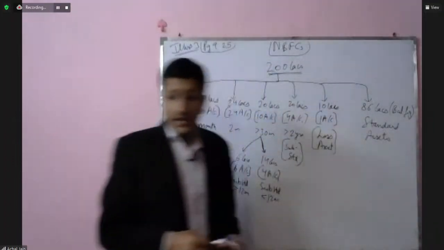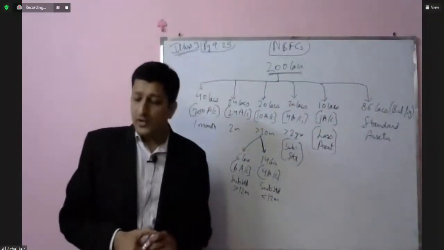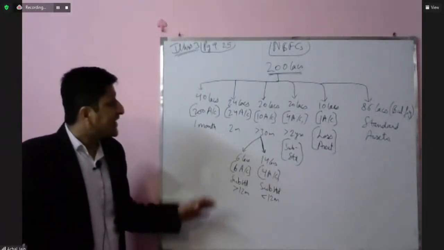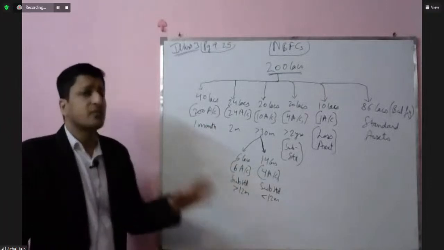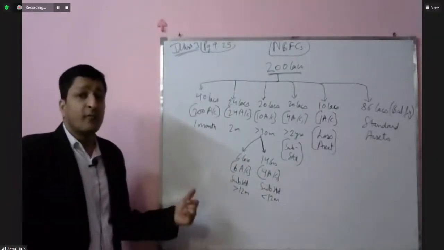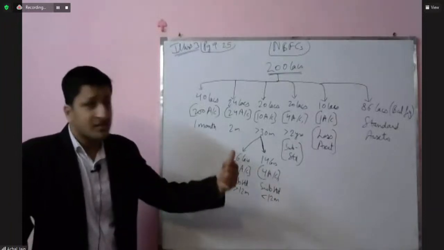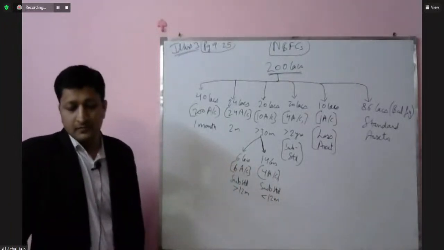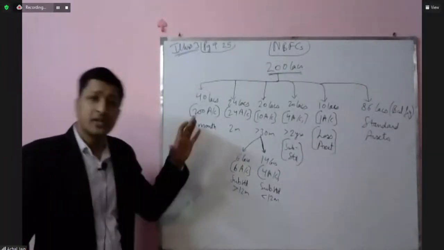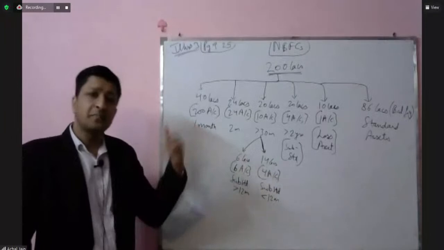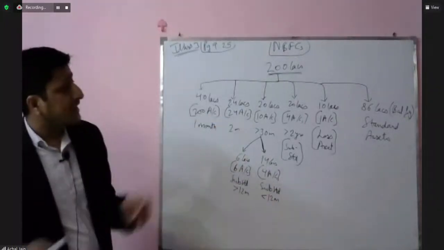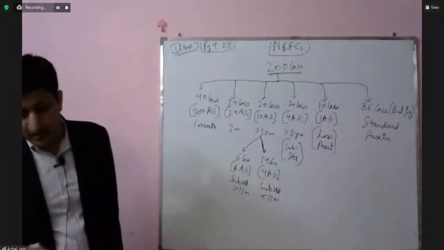Now, if I have to solve this problem, very easily I can solve this with the help of this flowchart over here. But in the exam, we will not be able to solve this in this manner. Still, for the purposes of our discussion, we'll do the classification over here, and you can then present it the way it's given in the study material. So let's talk about this 86 lakhs. What is this? Standard.